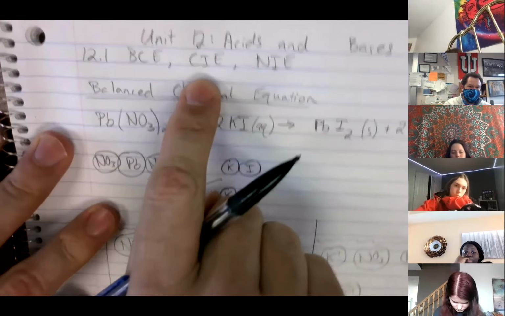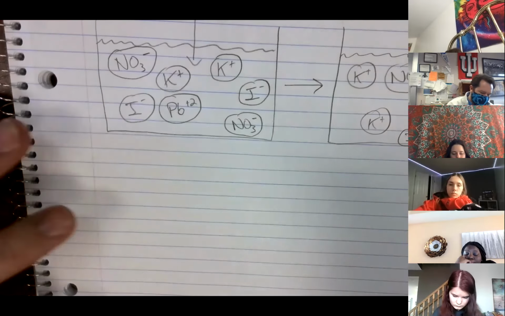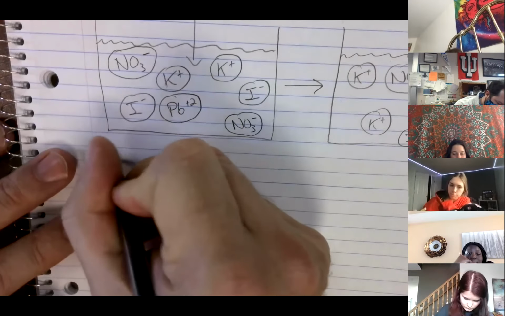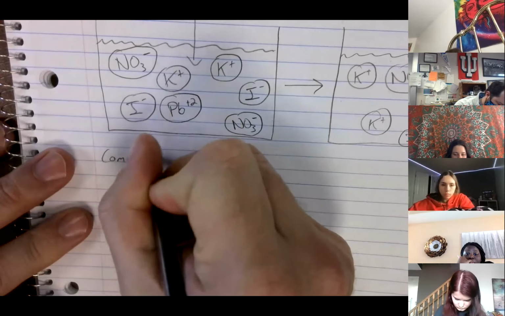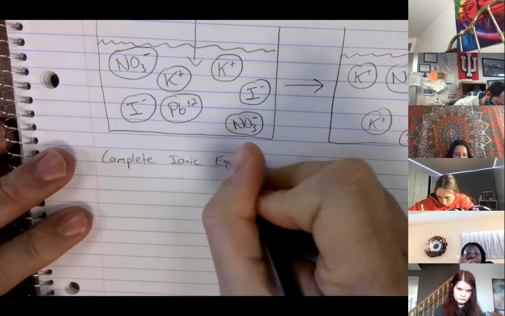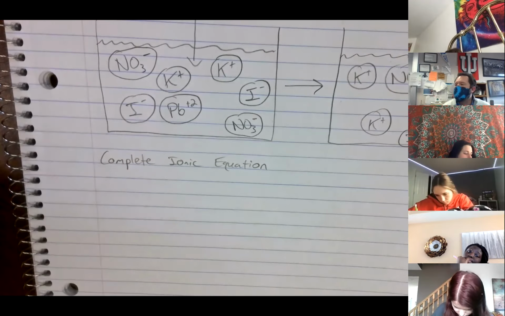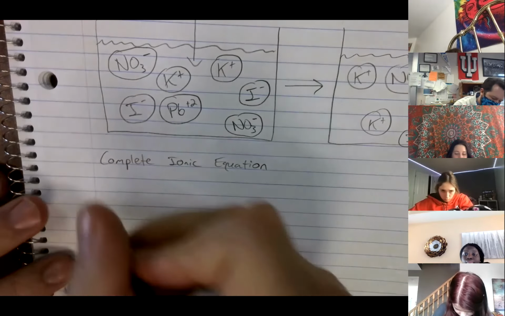this is the CIE. The new stuff is a lot more specific to what actually happens here. So the CIE stands for the complete ionic equation.